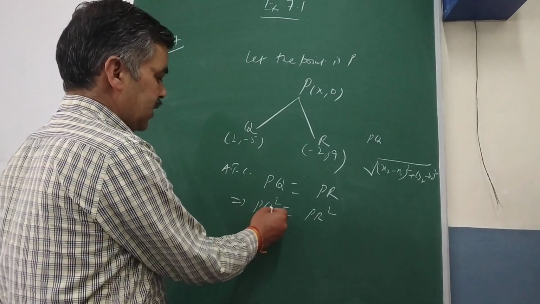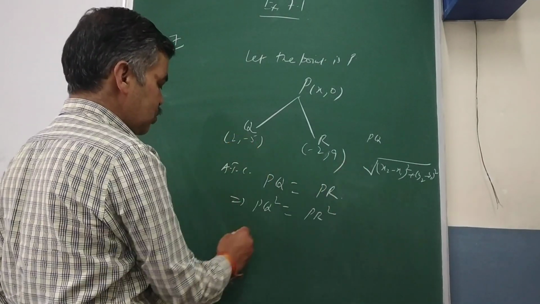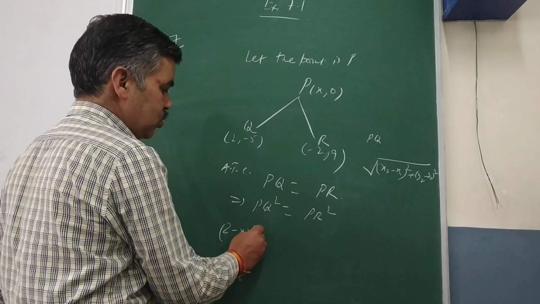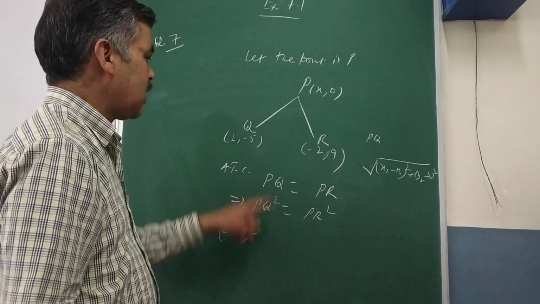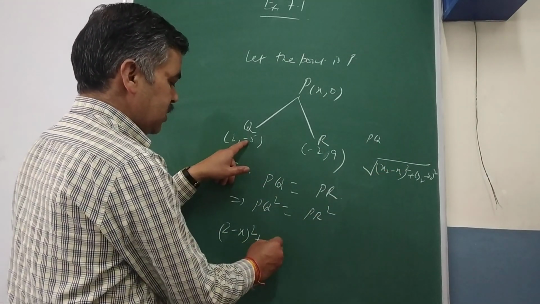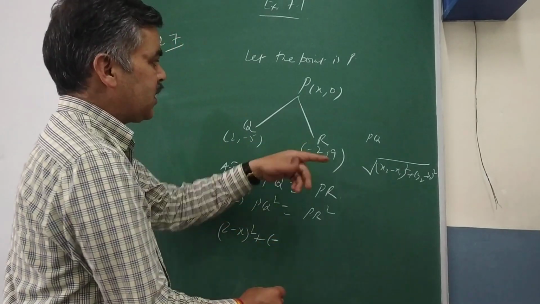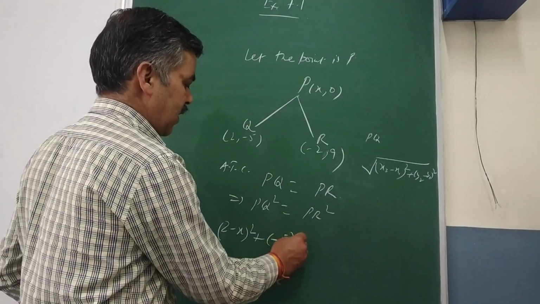So I will write here PQ square equals (2 minus x) whole square, that is x2 minus x1 whole square, plus y2, that is minus 5, minus 0, which means only (minus 5) square.